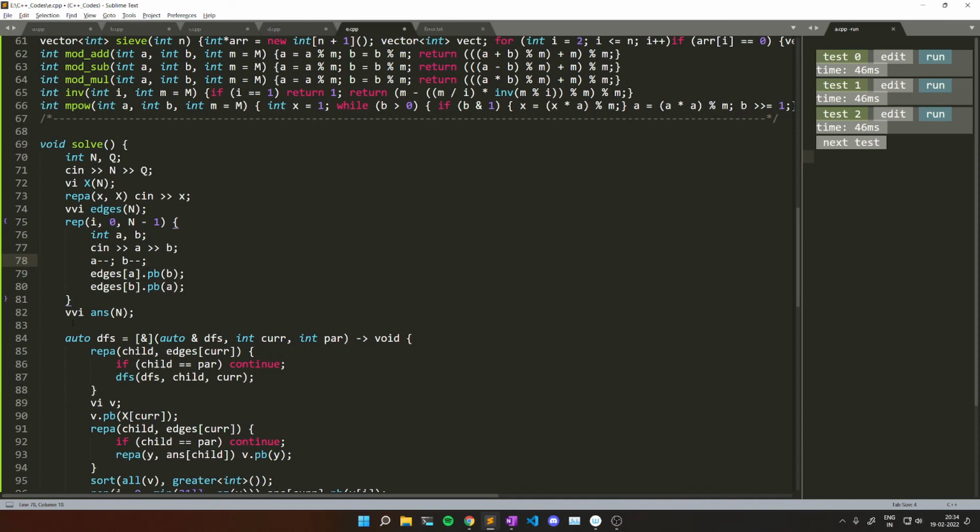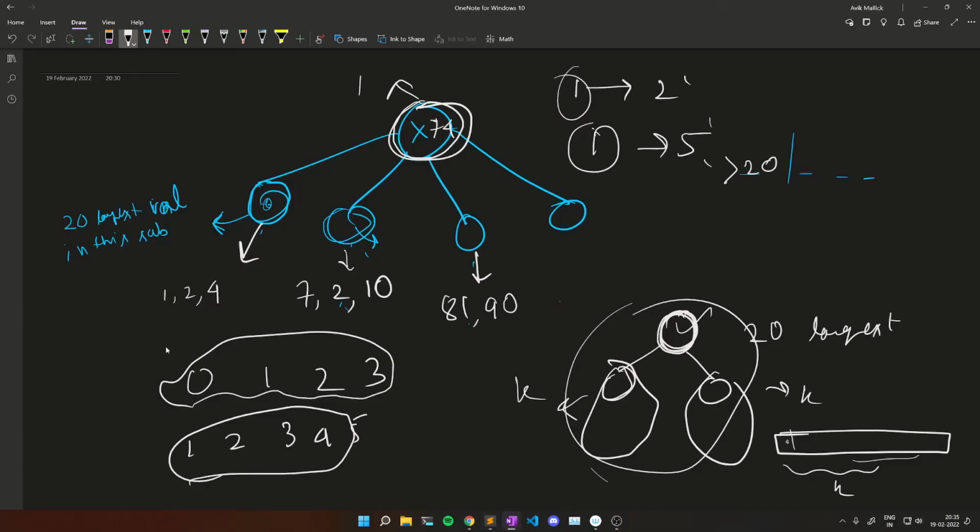Then I have created a vector of vectors, answer, which will store the pre-computation values for each vertex. So what will this answer array do?